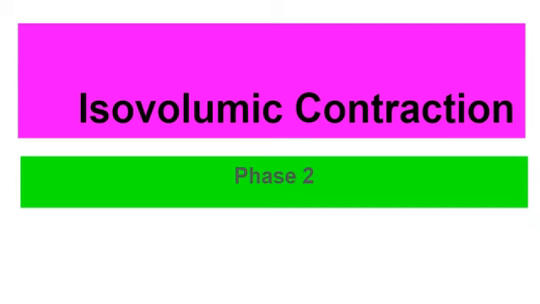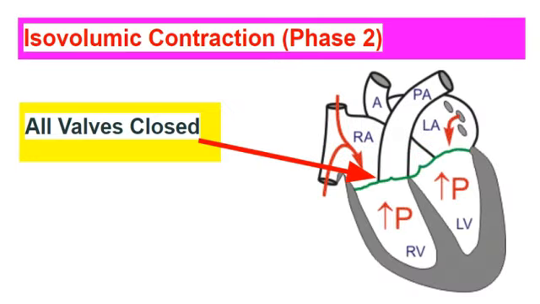So isovolumic contraction would be phase 2. All valves are closed. For these phases, as far as when the valves are open and when the valves are closed during isovolumic contraction, atrial contraction, and so on, I think that's going to be fair game for the test.